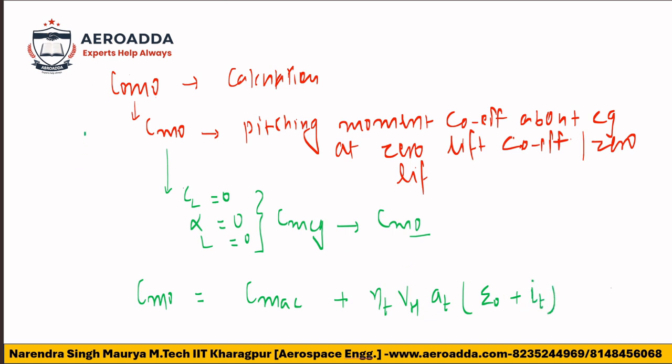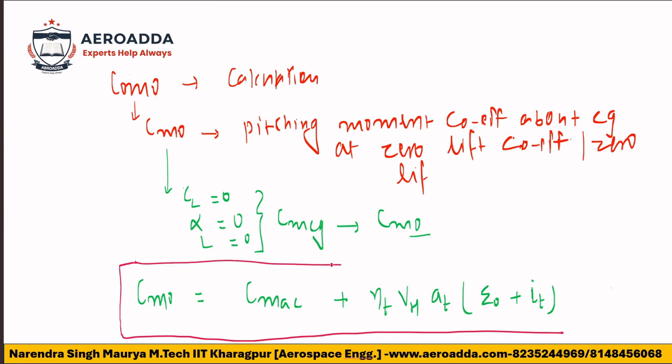Please remember this. This had been asked in your exam, so you should know this value. We'll solve the problem also, so you will understand. Not one time, multiple times, questions have been asked based on this. So this is very serious, a concern. You should remember it anyhow. This formula is very important.